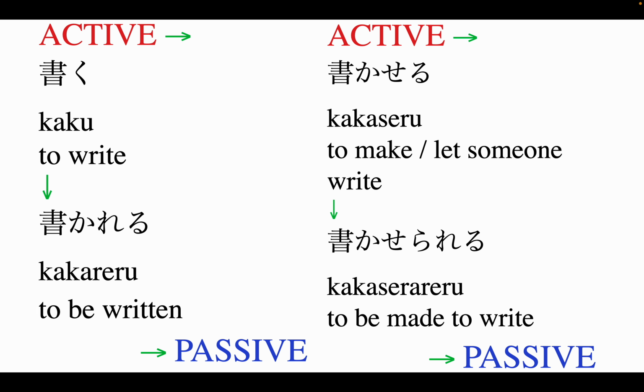We don't need to study all of these forms in detail today. The important idea is that voice changes the relationship between the action and the participants in the action. So when I hear voice, I remember who does what to whom.